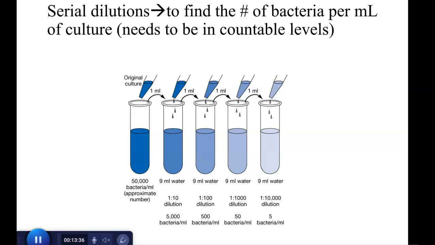If you take a look at our 1 to 1,000 dilution, that's going to hit our sweet spot. So if we were to take a mil of that and plate it out so that we could count it, that would be our sweet spot. If we continued and plated out the 1 to 10,000 dilution, we would only see 5 bacteria. That's what we would call too few to count.